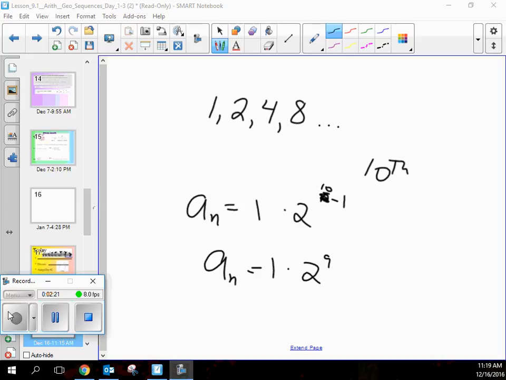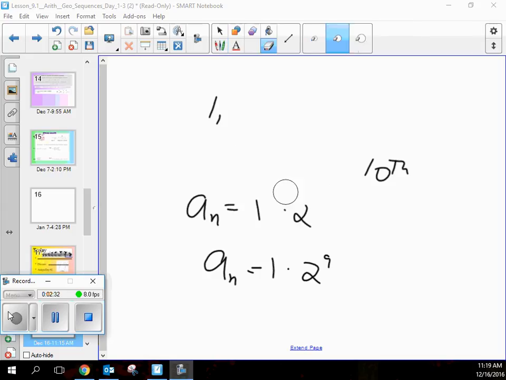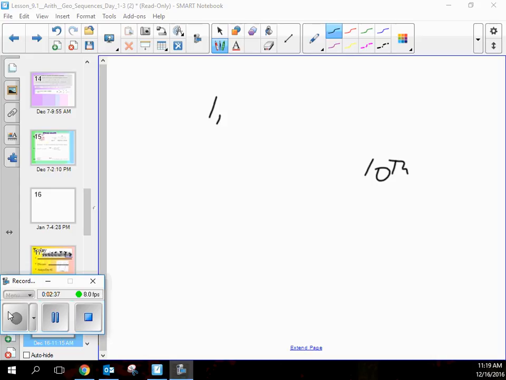Okay, awesome. So what if instead they had just given us the first term, they didn't tell us it was multiplying by 2, and they told us the 10th term was 2 to the 9th? How could you have figured out that this was a common ratio of 2?